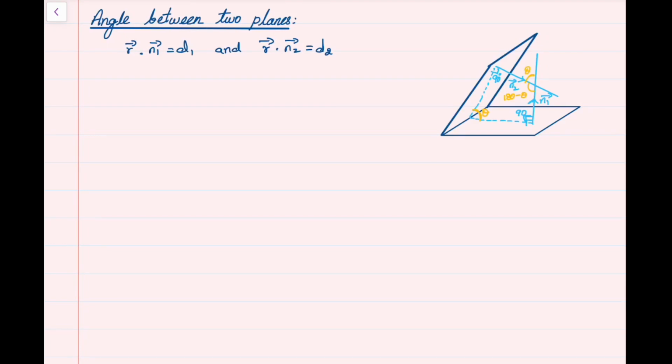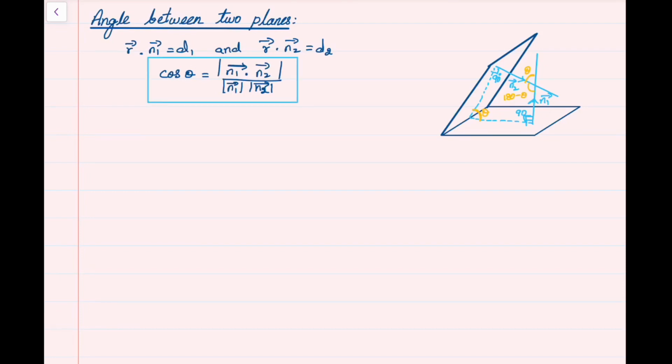Angle between two planes is equal to the angle between their normals. So, we will find the angle between their normals. Cos theta is equal to vector n1 dot vector n2 divided by magnitude of vector n1 times magnitude of vector n2. And to get the acute angle between the planes, we can write the absolute value sign.